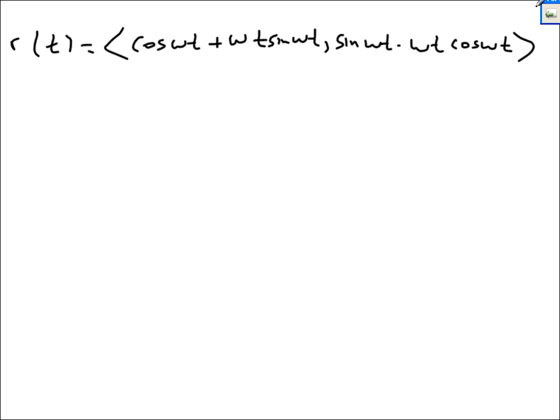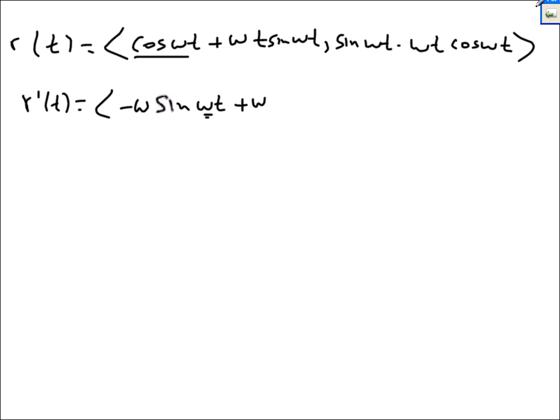So first we want to find r prime. R prime of t. Well, the derivative of cosine of any angle is negative the sine of that angle times the derivative of the angle, which is omega, plus.